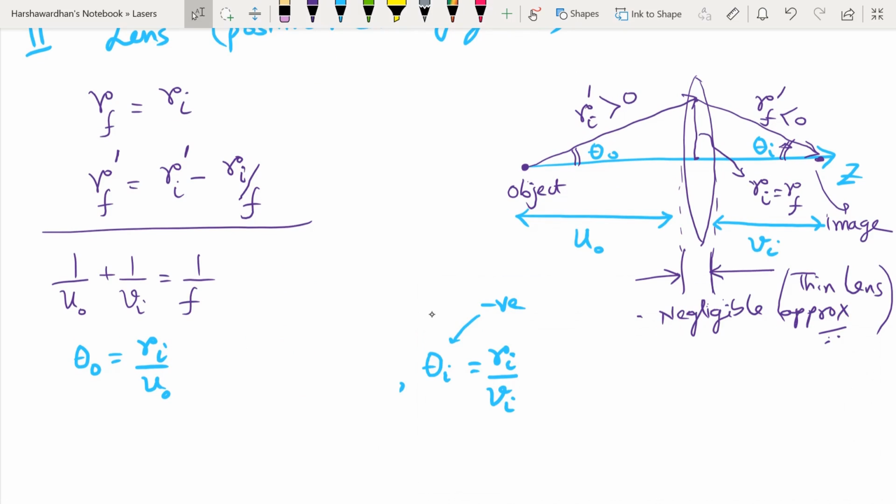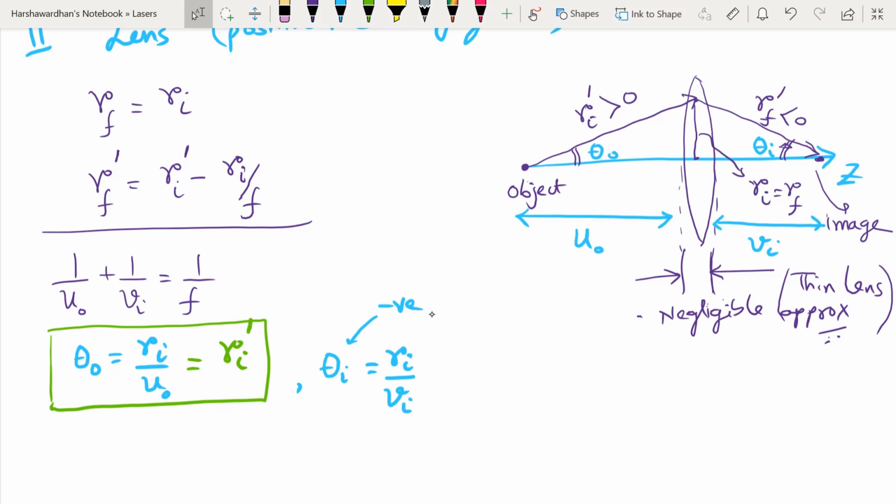So theta naught by definition is the same as Ri prime. Theta I, which is for the image, is simply Rf prime, right?